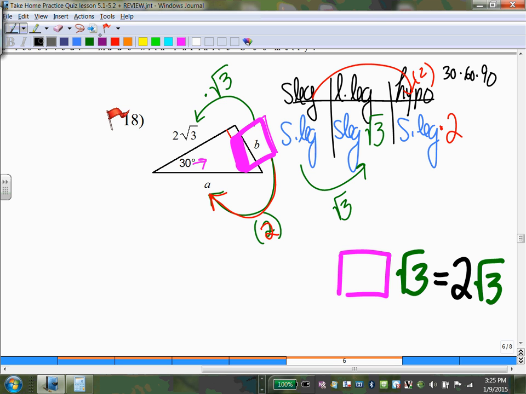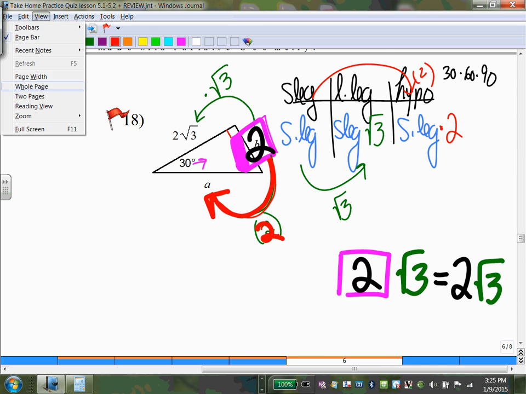Hopefully you saw this. The answer was just 2 here. 2 times root 3 is 2 root 3. And then you go this way, you times by 2 to get A, which is your hypotenuse.